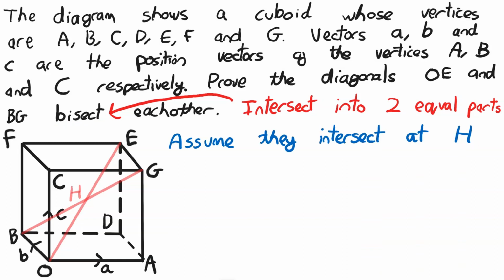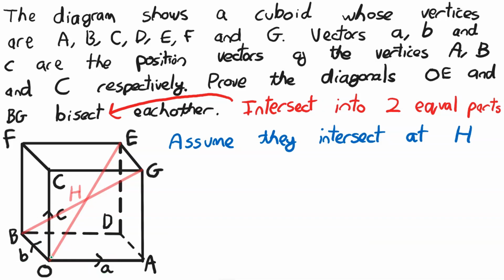Remember, the term intersect just means that two lines cross each other at a certain point, and this point we've called H. We're not assuming that they bisect into two equal parts, we're just assuming that they intersect. So now what we're going to do is find out what these two diagonals actually are in terms of the vectors A, B, and C that the question gives us.